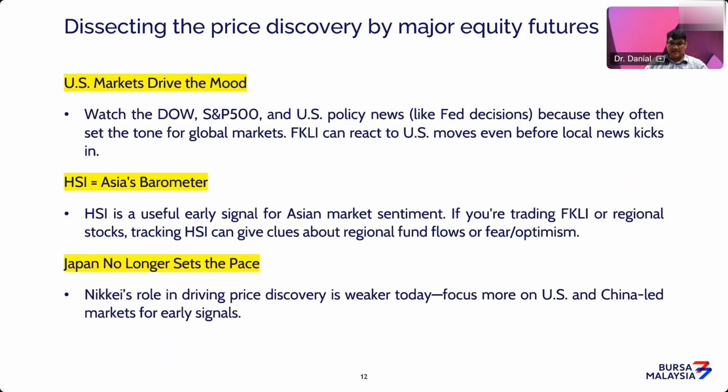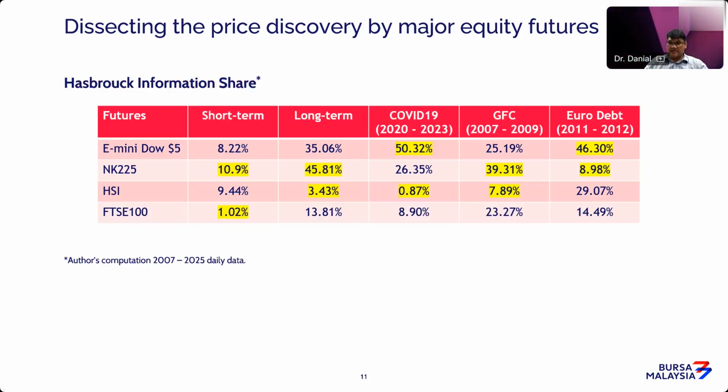However, our early data says it is better to refer to HSI as an indicative early signal for Asian market sentiment. Number three, Japan no longer sets the pace. Last time, Nikkei would give us an indication, but hourly data says not so much. So that's about it.